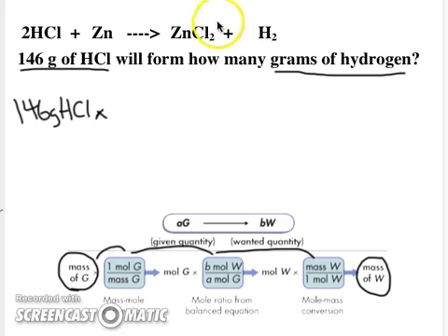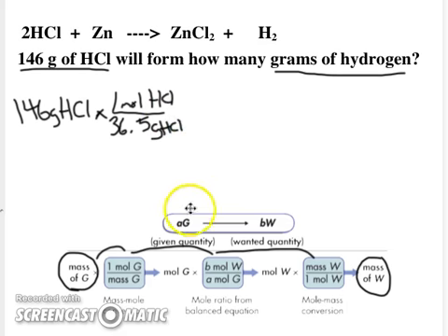So we set up the conversion factor to look like this: 1 mole of HCl. And the molar mass of H is 1, Cl it's 35.5. So this number is going to be 36.5 grams HCl. Okay, that's step 1.